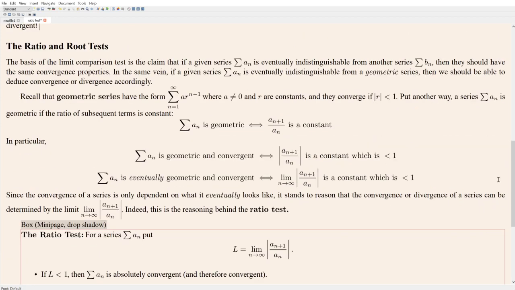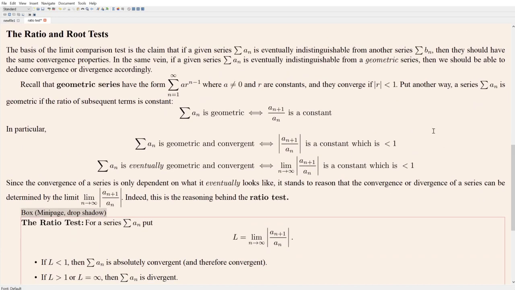Okay, so with that definition out of the way, here's the real meat of the section today, the ratio and the root tests. So for a little bit of motivation, recall that when we were talking about the limit comparison test, the idea was that a given series might be eventually indistinguishable from another series.